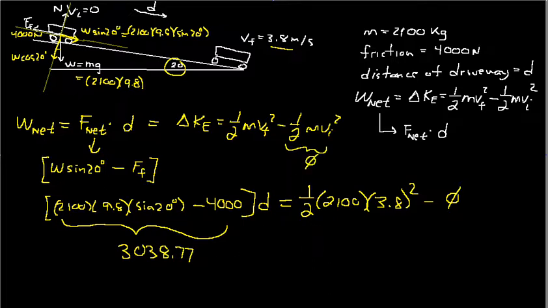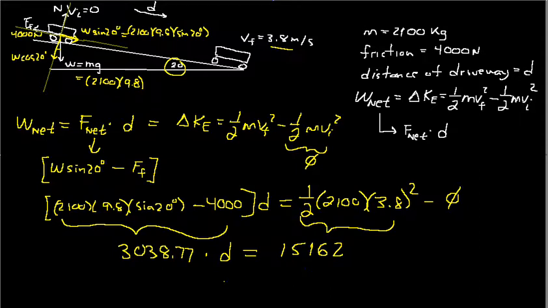So here's our equation. This guy times D has to equal this here, which I calculated out to be 15,162, I believe.